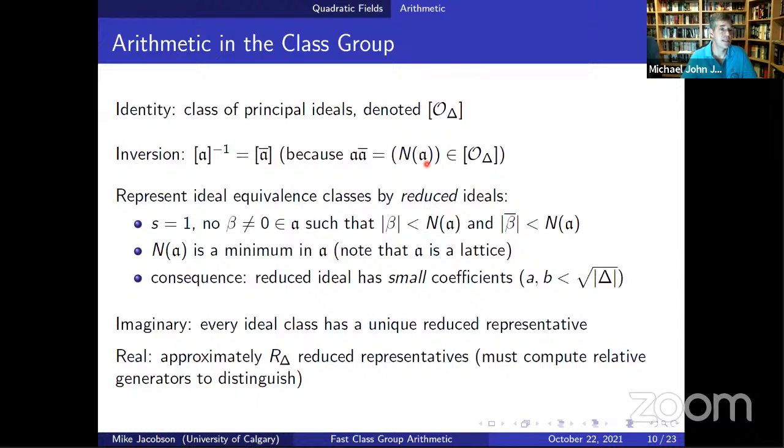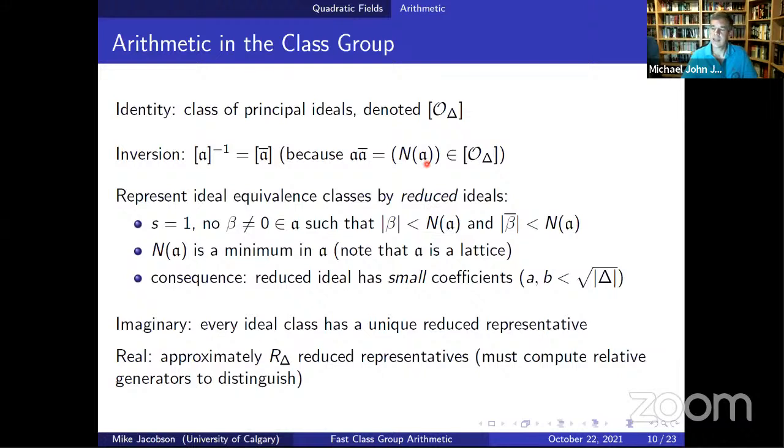They're going to be the easiest to do arithmetic with. And in this case, we want to do the same thing. We want to find ideals in each equivalence class that are small in some sense and use those as our representatives. And so there's this notion of reduction then of ideals.